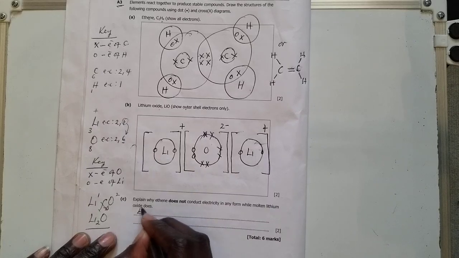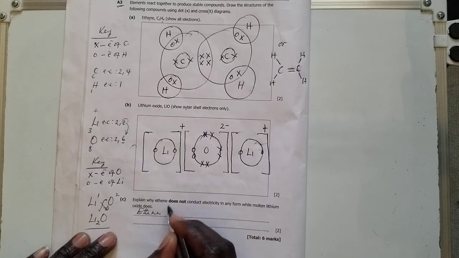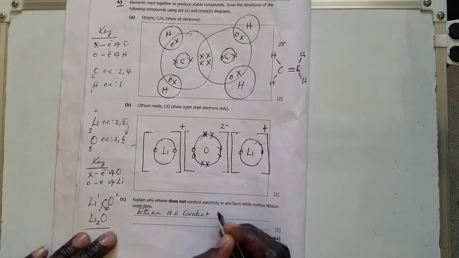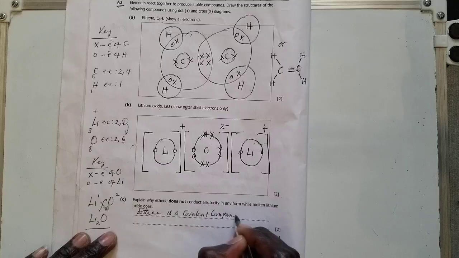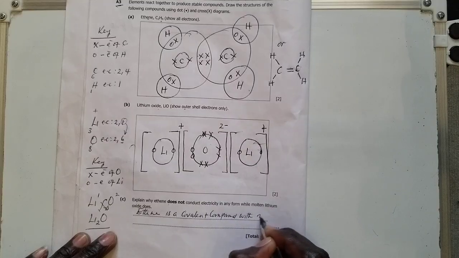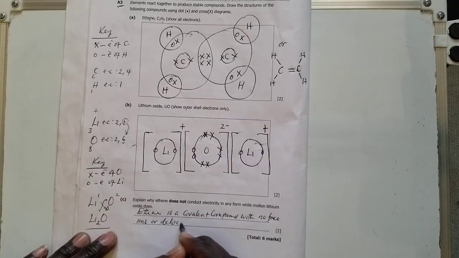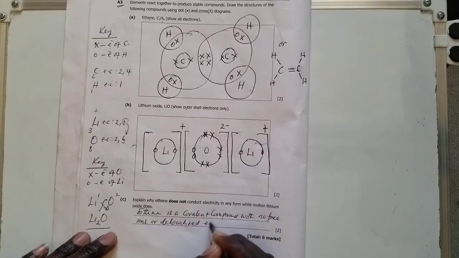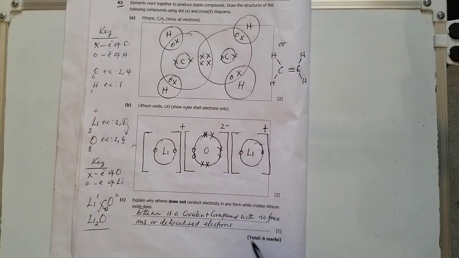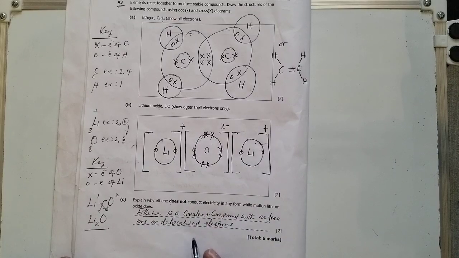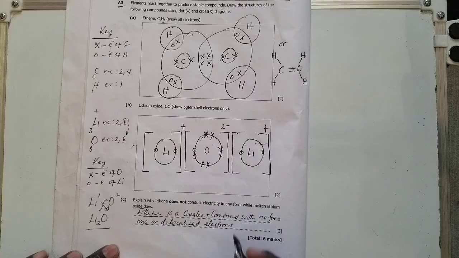I can simply say that ethene is a covalent compound with no free ions or delocalized electrons. So that's the idea. Ethene is a covalent compound with no free ions or delocalized electrons. Hence it does not conduct electricity in any form.